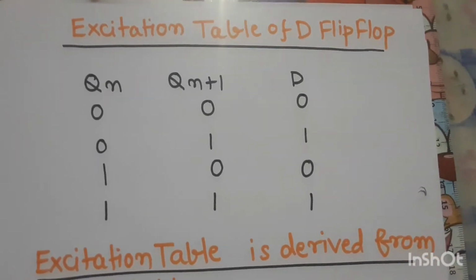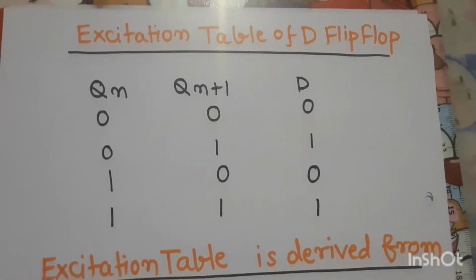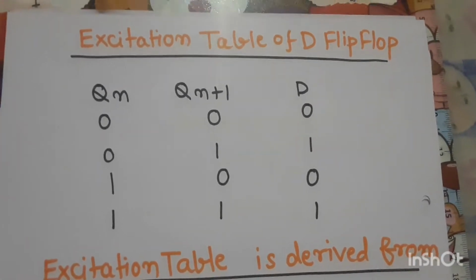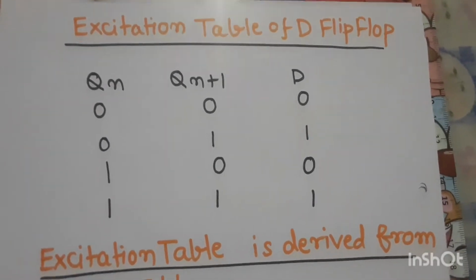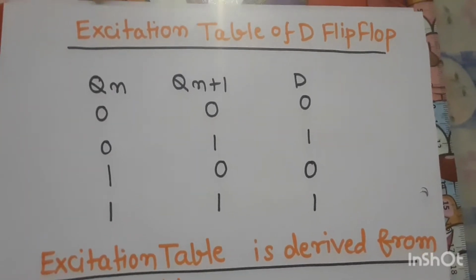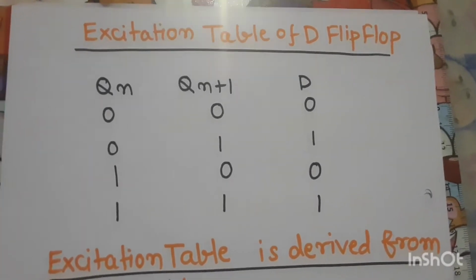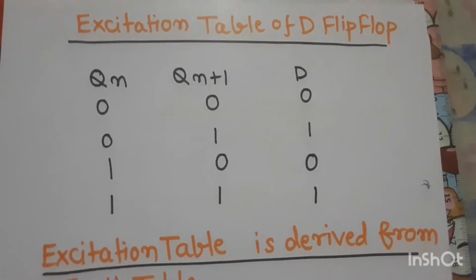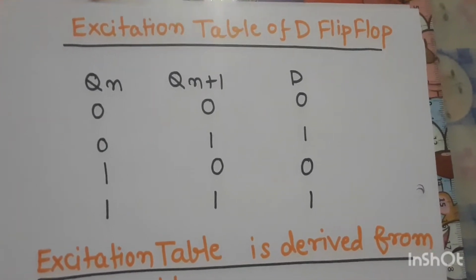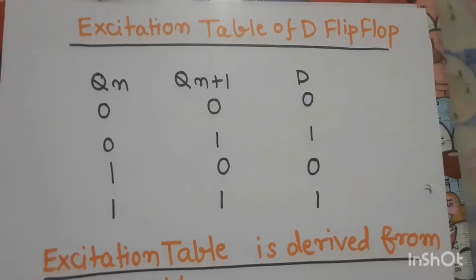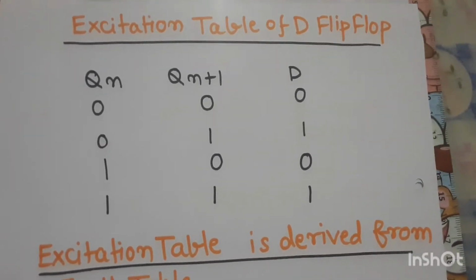Second, input is 1, present state of the flip-flop is 0, next state will be 1. Input of the flip-flop is 0, but the present state is 1; since the input is 0, the next state would be 0. And the last one, input is 1, present state is 1, and the output of the flip-flop for the next clock would remain at 1 itself.